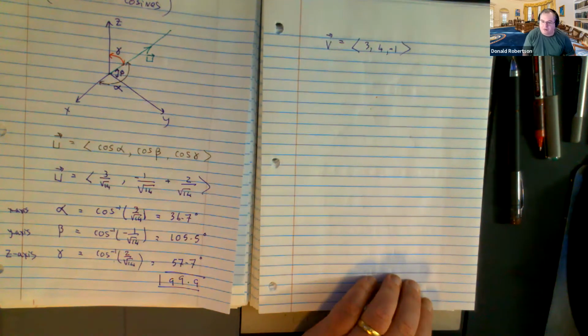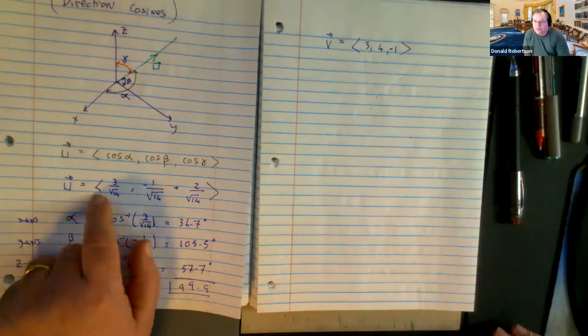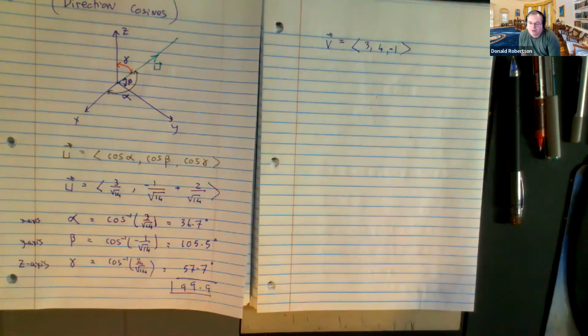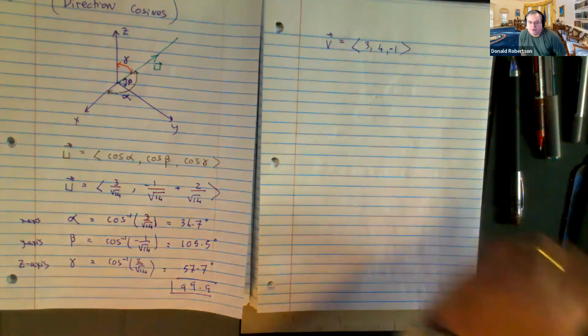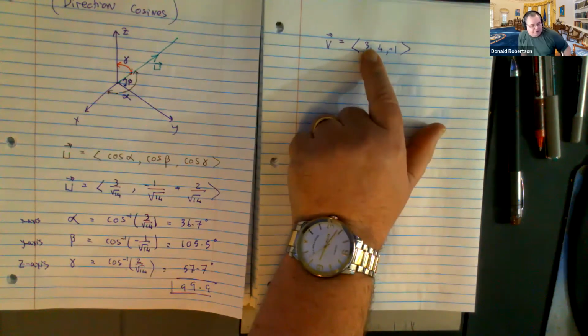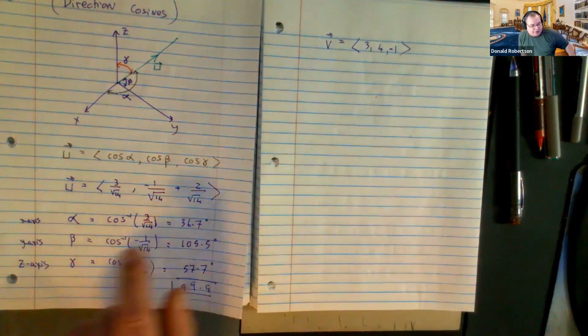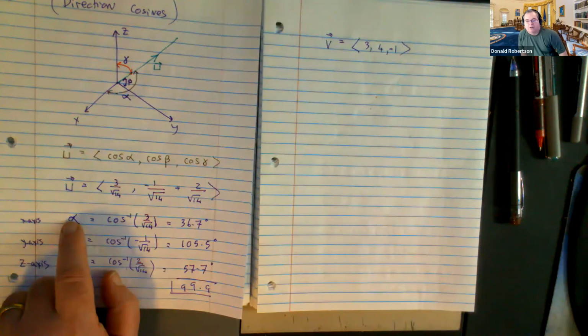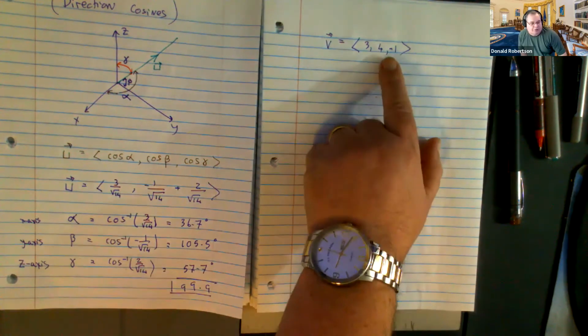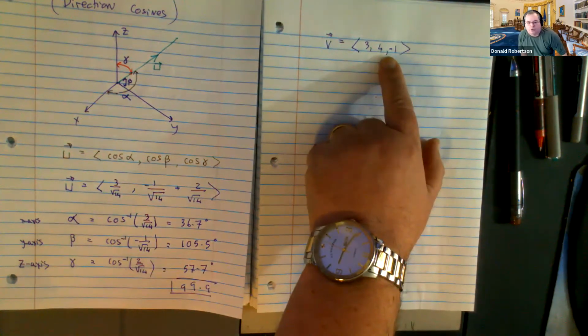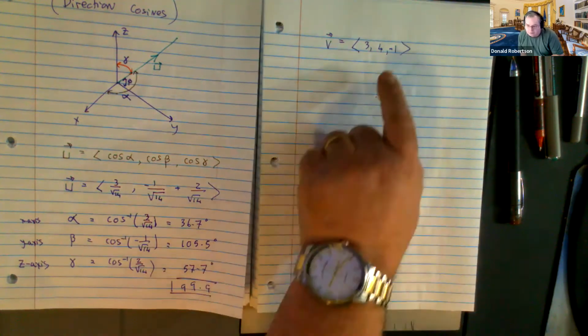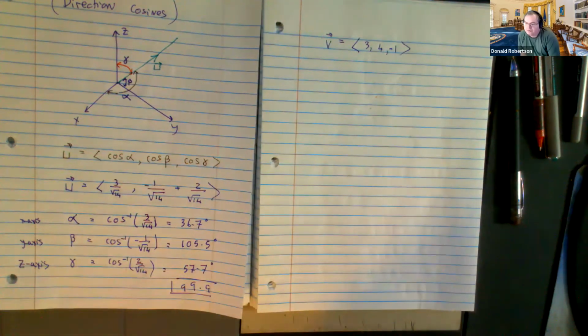Okay, so what do you think I need to do extra that I didn't need to do here to do that question? I want to know the angle that this vector makes with the x, y, and z axes. In other words, I want to find alpha, beta, and gamma. I can't do it with this number because the inverse cosine of 3 doesn't exist as a real number.